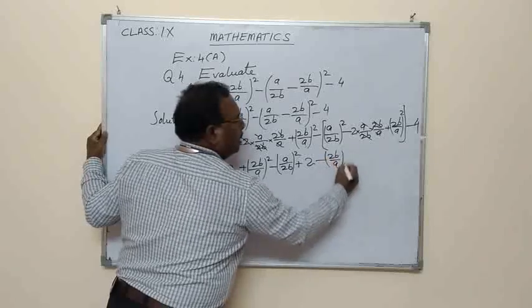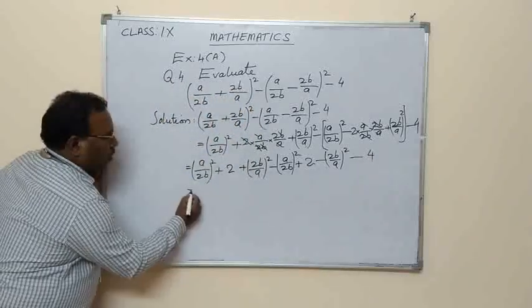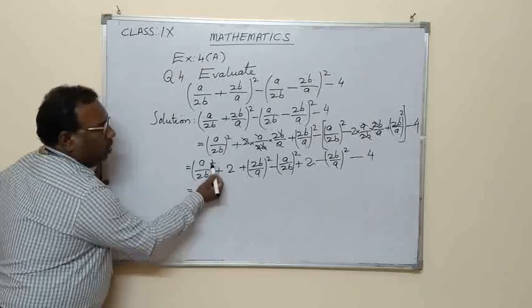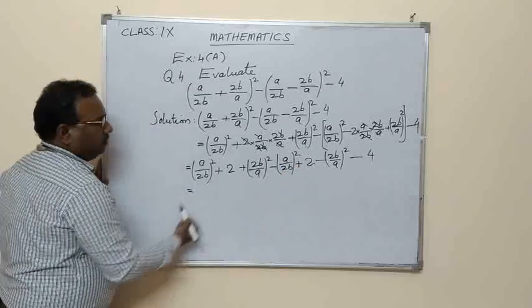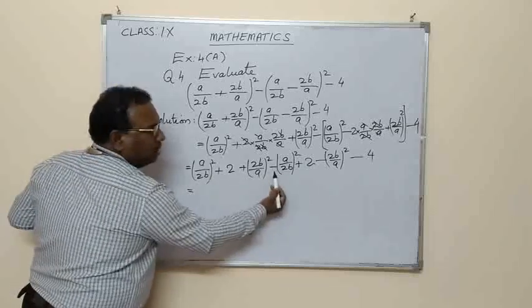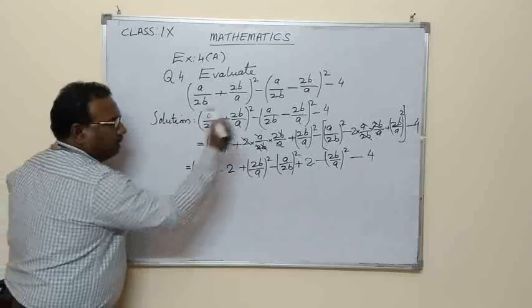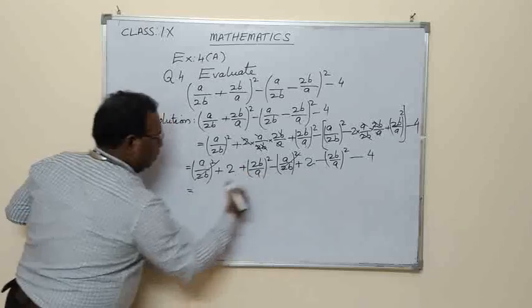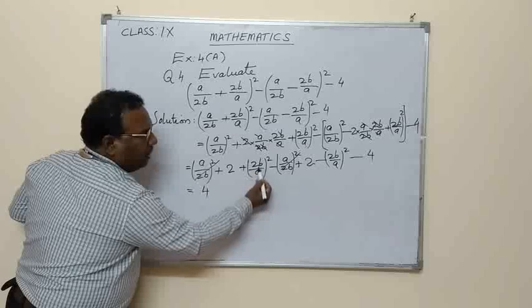Which is equal to, you can notice this (A by 2B) all square minus (A by 2B) all square. One is positive, the other is negative. After cancelling, we get 2 plus 2 is equal to 4. Here also you can notice (2B by A) whole square.